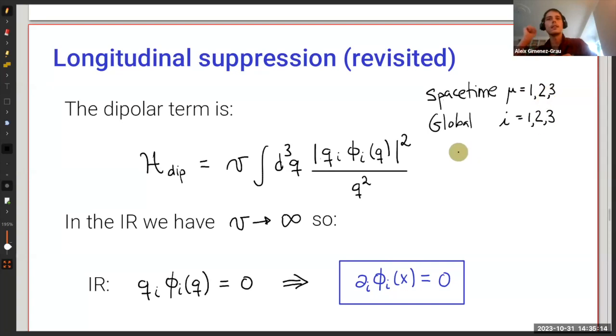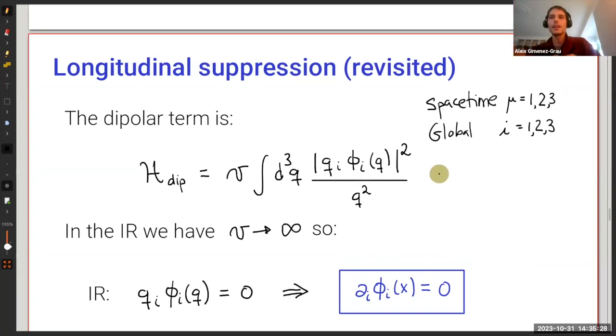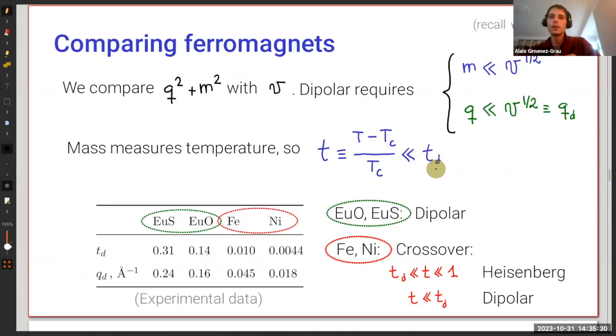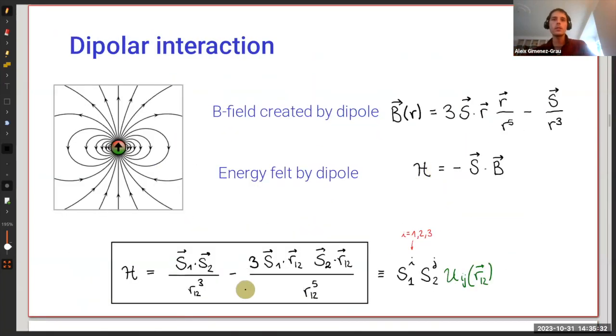But here the point is that dipolar effects are coupling the direction of some spin with the position. Let me show you some equation before. When you see such an equation, you are multiplying global symmetry indices with themselves.